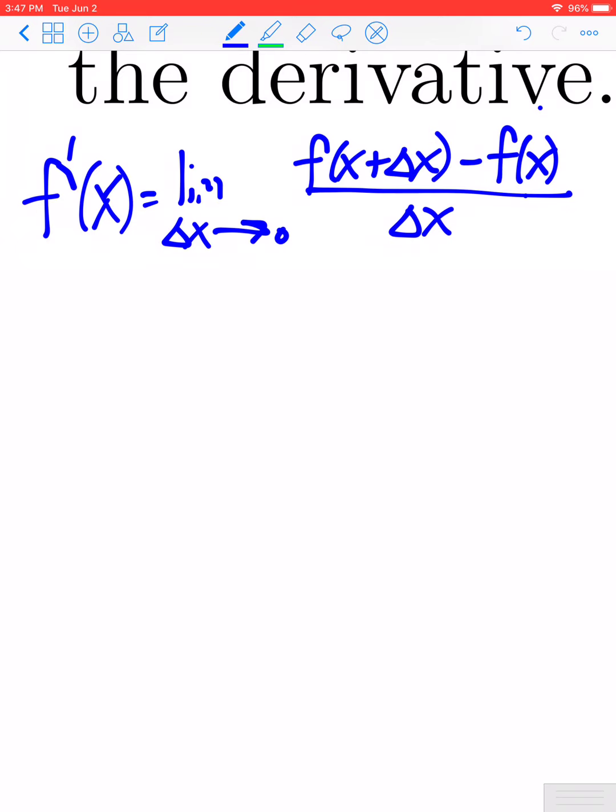Again, it's the same three key pieces we had from before.